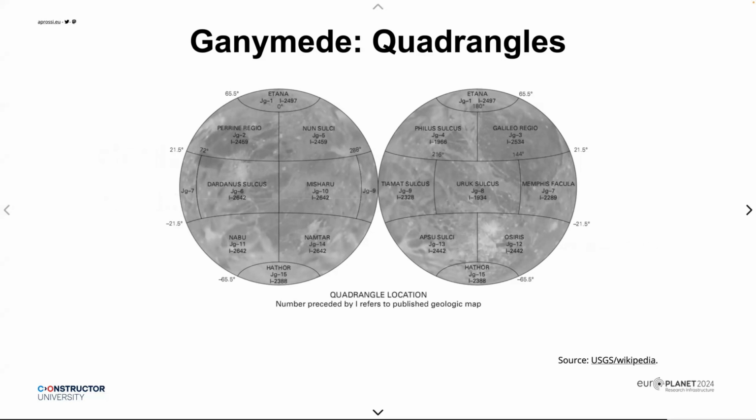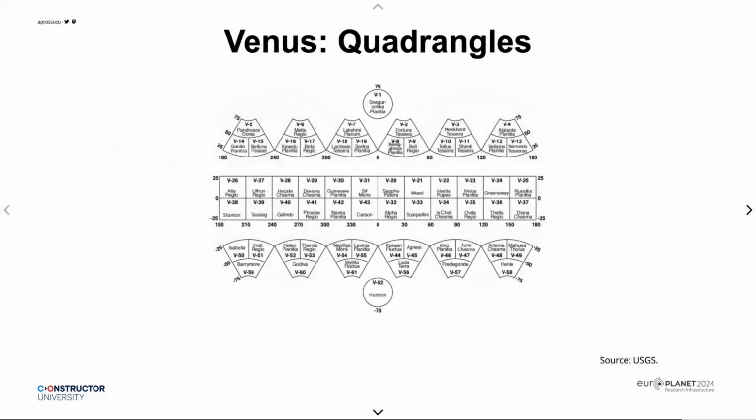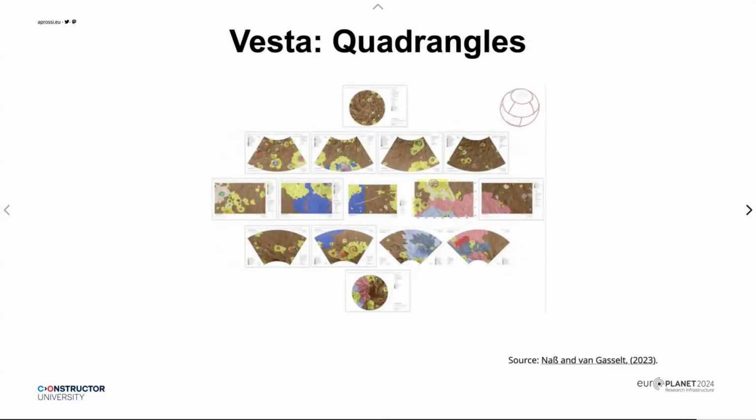You will have conical as best projection on mid latitudes and cylindrical projection at low latitudes. That's the case for Ganymede. That's the case for Venus. You just see that for Venus, there are more quadrangles. Why? Well, because Venus is big, so you may want to use another level of hierarchy when you're modeling your map. And that's Vesta.